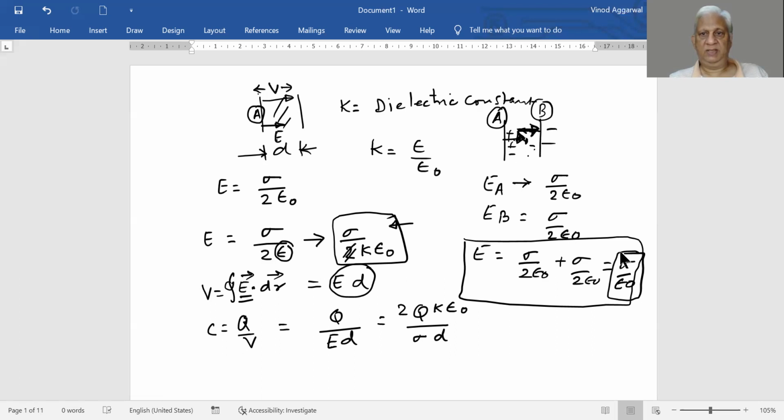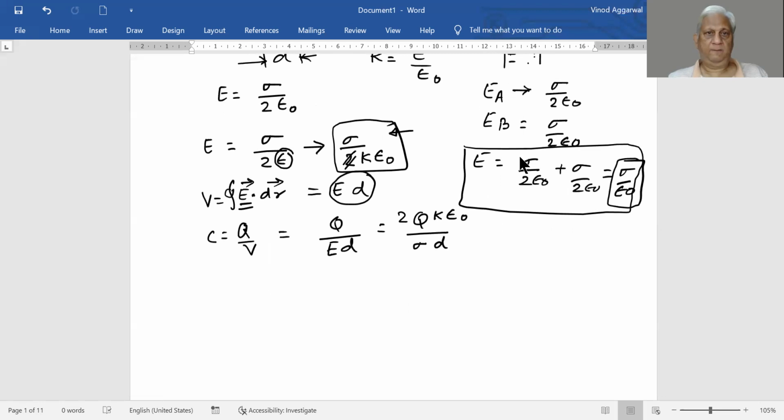Both are in the same direction, so they add up. So our E becomes twice of this value, which is sigma over K epsilon naught. Now, if we substitute the value of Q by E d, that Q is sigma by epsilon naught.